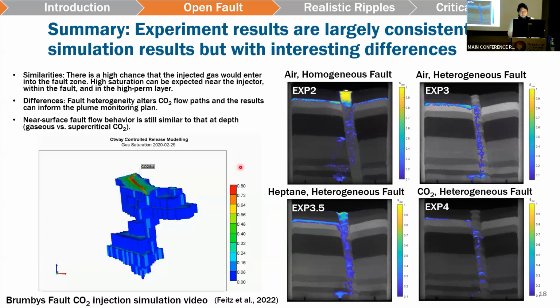And finally, by using different analog fluids, we're able to investigate how supercritical CO2 injection will look. And they are likely to be similar still to this near surface fault flow behavior with just gaseous CO2 injection.